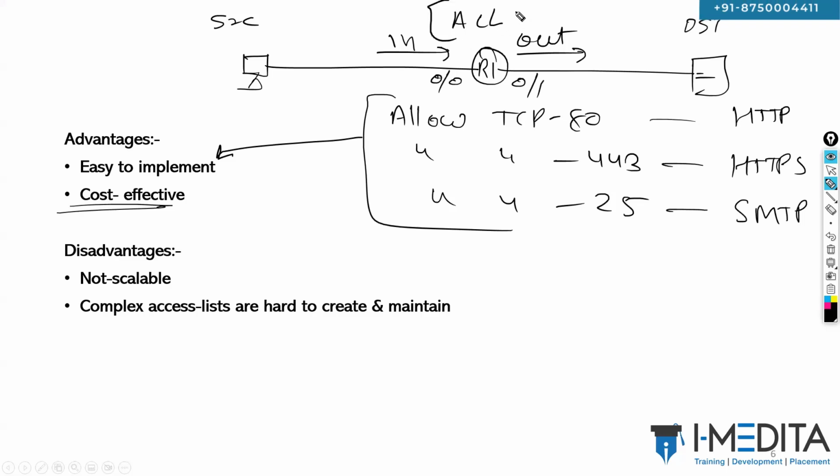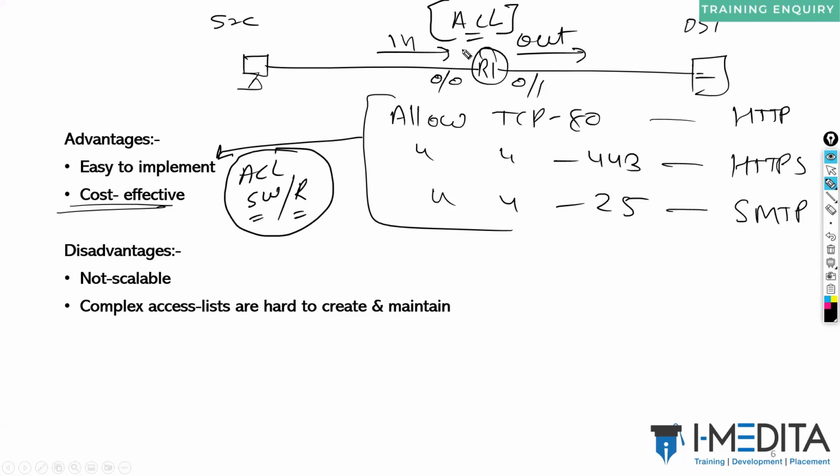In packet filtering, we use ACLs. ACL can be deployed via switch or router. If your infrastructure devices like switch and router support ACL configuration, then there is no need to purchase any additional device. That's why it can be cost effective in your organization. So these are two advantages of packet filtering: easy to implement and cost effective.